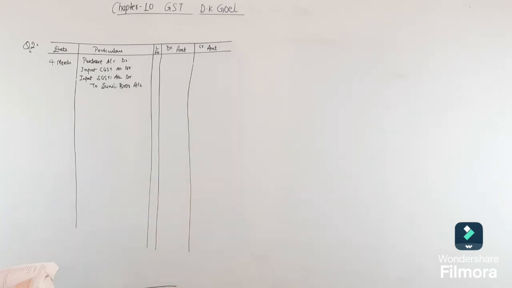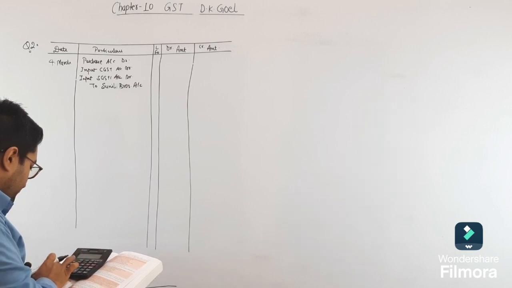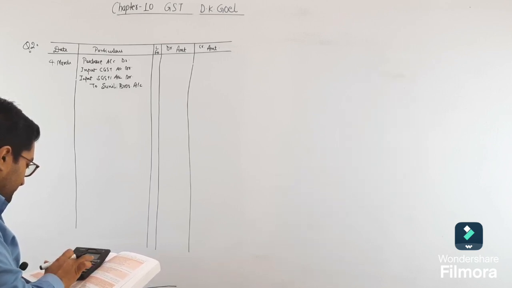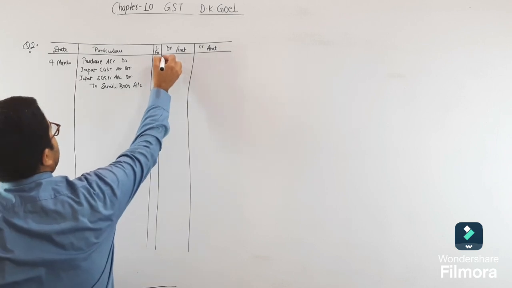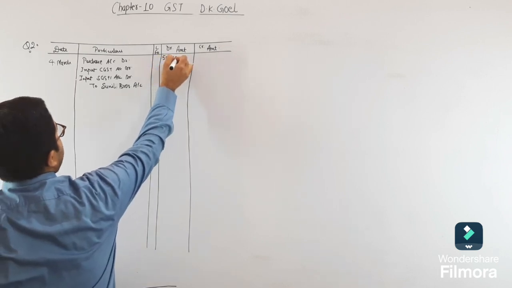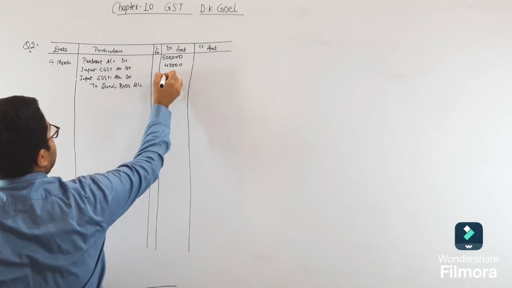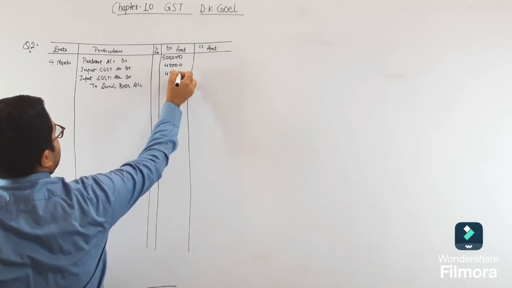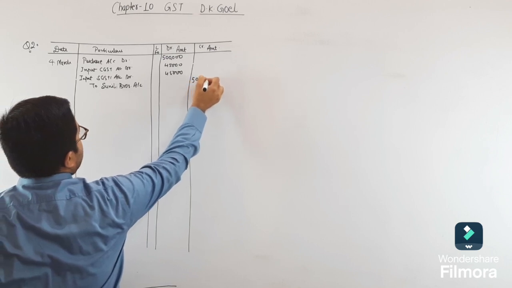So the purchase amount will be 5 lakh rupees, 45,000 and 45,000. Total 5 lakh 90,000.